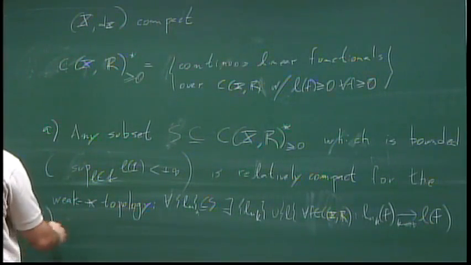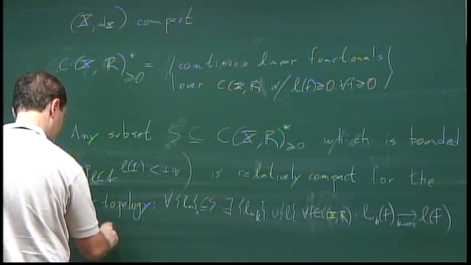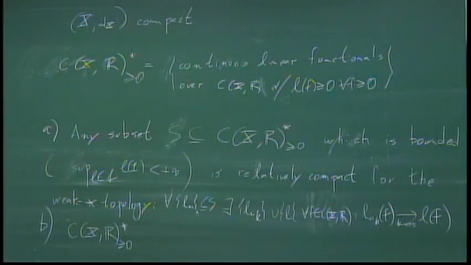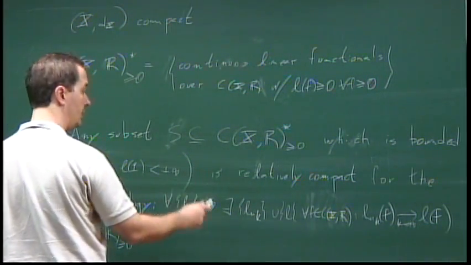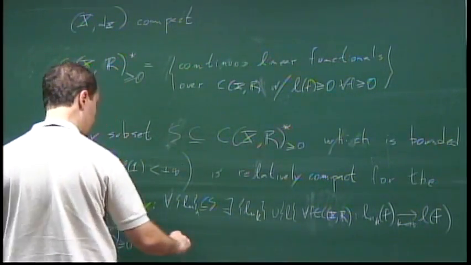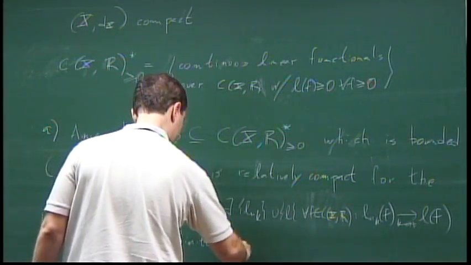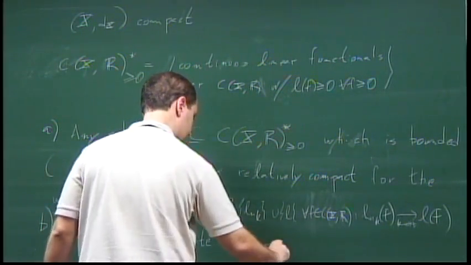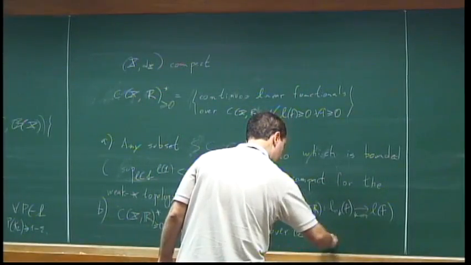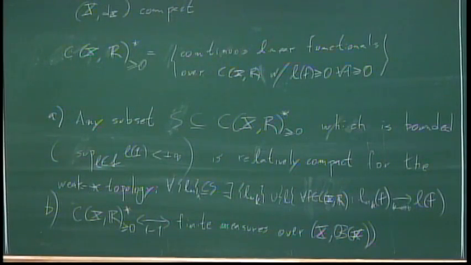And the second part of the proof is just to say that this dual space, when you restrict to positive linear functionals, is in one-to-one correspondence with finite measures over X. So this is the Riesz-Markov-Kakutani theorem.